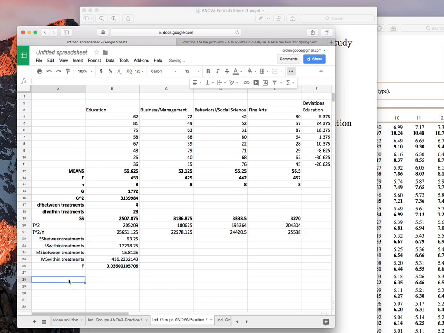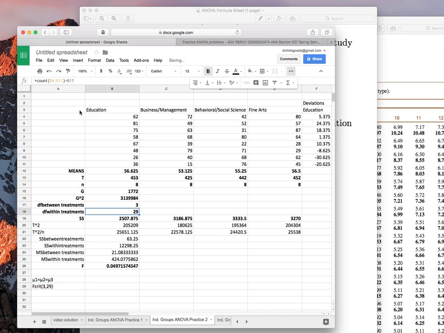Now I didn't do my null hypothesis of mu1 equals mu2 equals mu3, and I also didn't look up F crit for 2 and 3. Wait, that's wrong. Degrees of freedom between treatments is 4 minus 1. That's 3. That changes a few things, but our F crit is still 3 and 29 degrees of freedom.